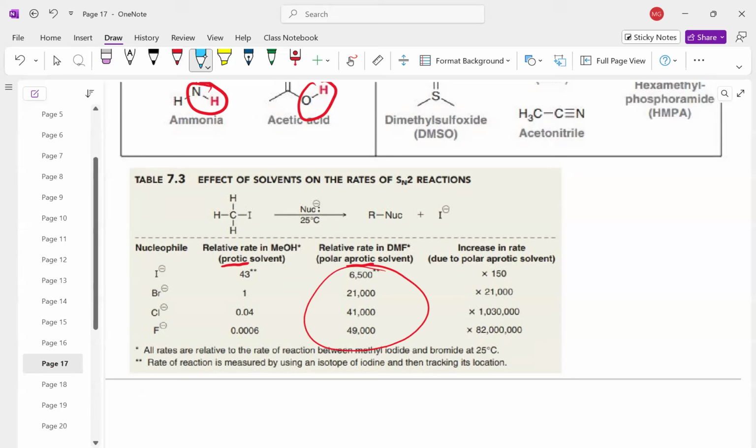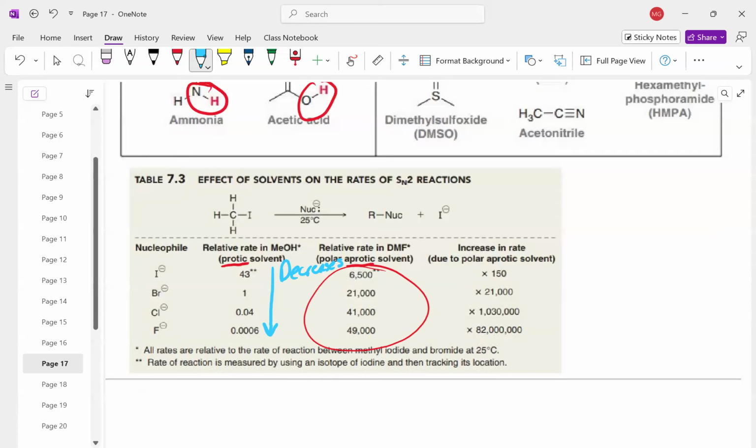Now, the other trend I want you to be aware of is comparing the halides to themselves within a column here. Look at the rate if a protic solvent is used when you compare iodide and go to fluoride. Iodine's at the bottom of the periodic table, fluorine's at the top. Notice how the rate decreases as you go from the bottom of the periodic table to the top.